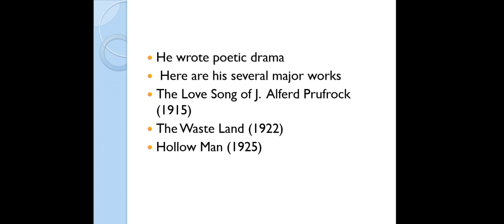The poem reflects the desperation of the post-World War era. The third one mentioned here is The Hollow Men. This poem explores the themes of emptiness and spiritual desolation. It shows the emptiness of human nature and societal breakdown.